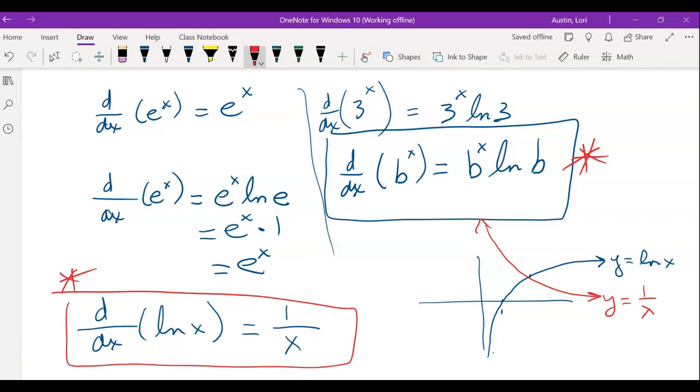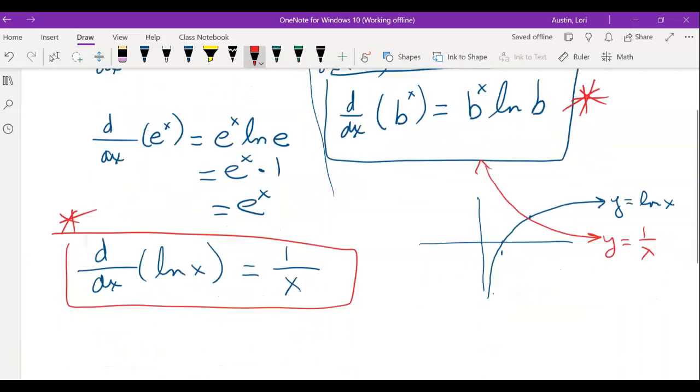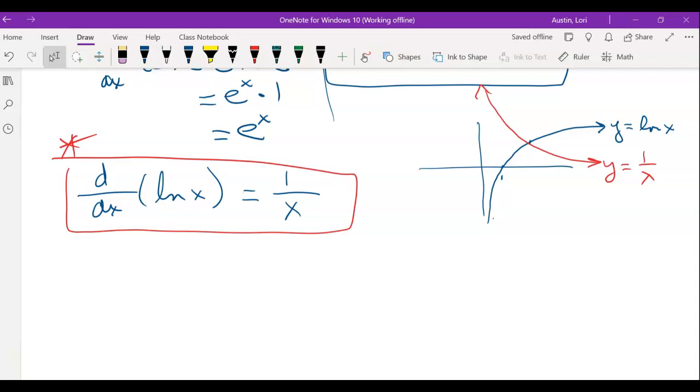Other than that, as far as your logs go, we've talked about the natural log, but you're all familiar that the natural log is simply a special case of log. So what if I had d dx for the next one? Not all logs are natural logs. When you first started learning logs, you didn't start learning ln, you started learning log.